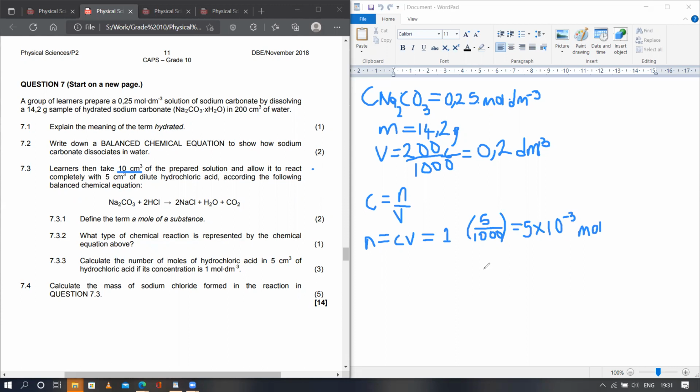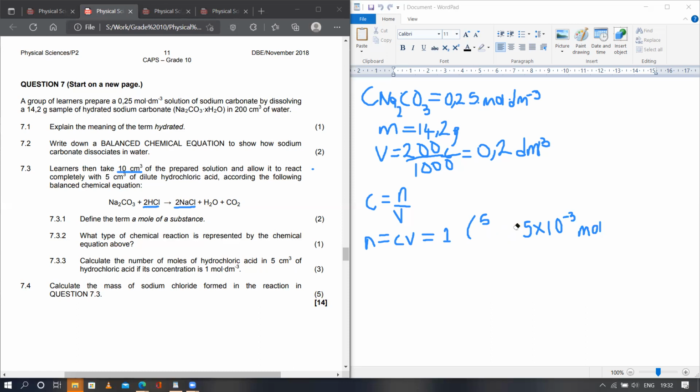Then after that, they say calculate the mass of sodium chloride, which is formed in the reaction in 7.3. So they want you to find the mass of sodium chloride. You have your number of moles of hydrochloric acid, and you have your sodium chloride, so you can relate these two.